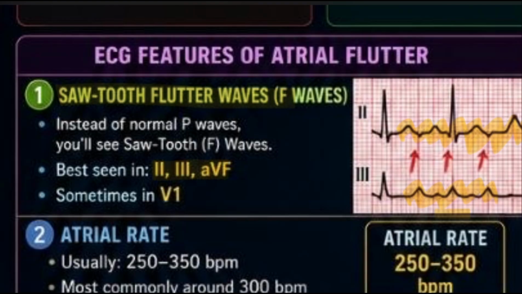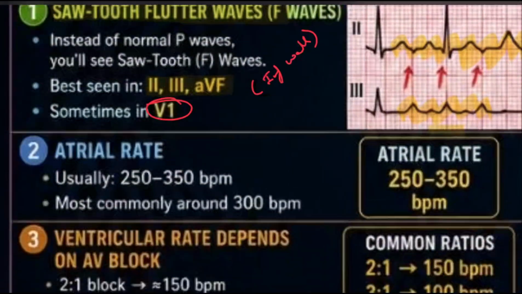These are best seen in leads 2, 3 and aVF, that means the inferior wall. Sometimes in V1 also we can see them. This is the hallmark ECG feature, the sawtooth flutter.